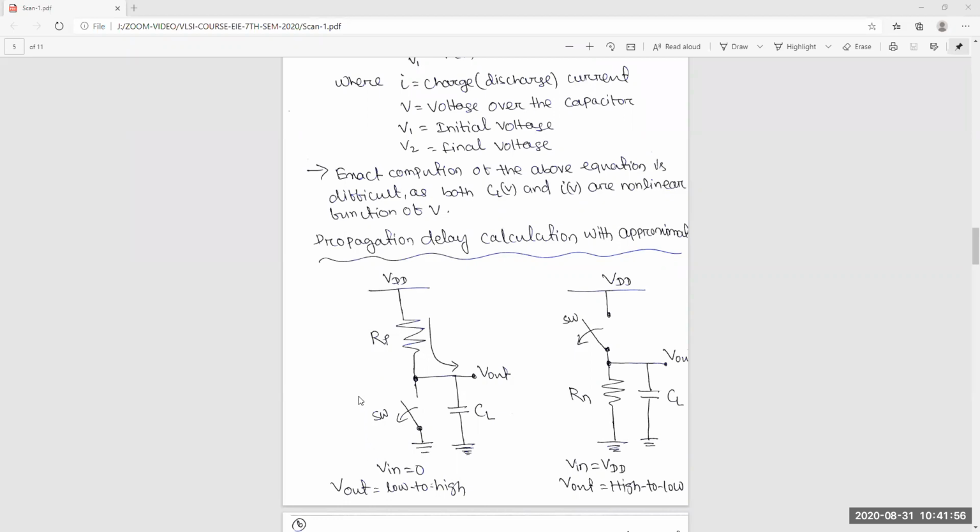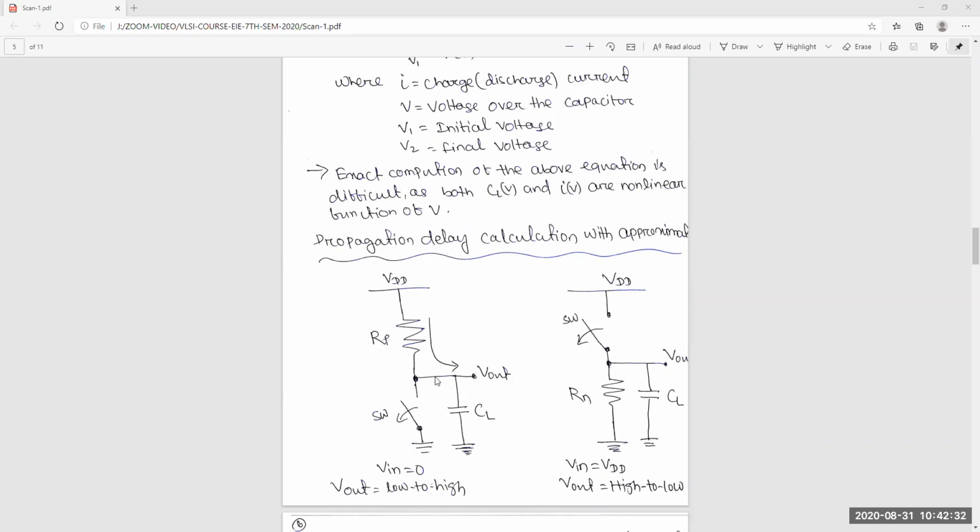Vin 0 means your NMOS will be off, because 0 is less than the threshold voltage, so it is completely off. So this PMOS will be on, in saturation. Because once it is in saturation, this voltage will be almost VDD, so we model it as a resistor RP.